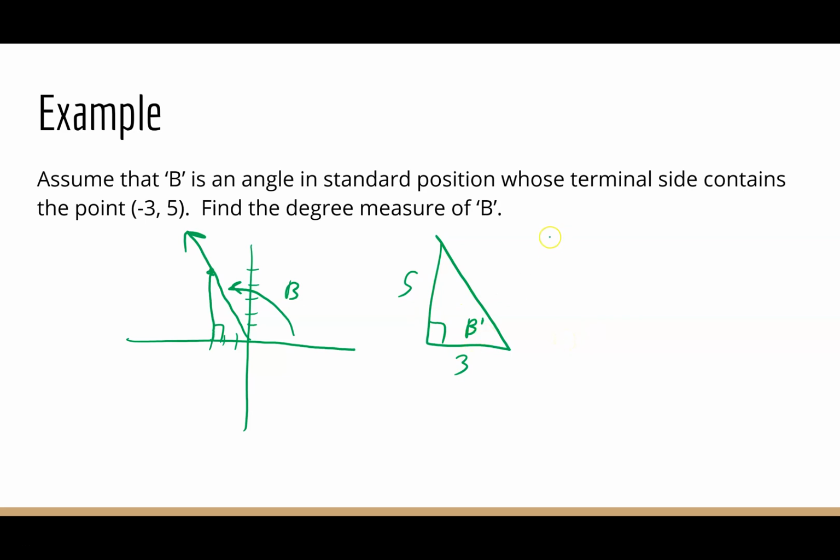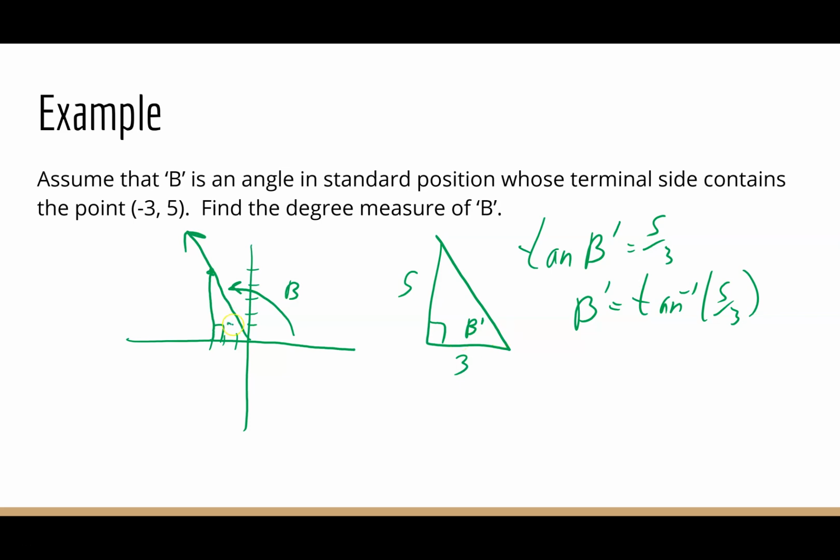So remember, to solve for an angle given two sides, we have opposite adjacent. So tangent of B prime equals 5/3. So B prime equals inverse tangent of 5/3. And that's going to be 59 degrees.